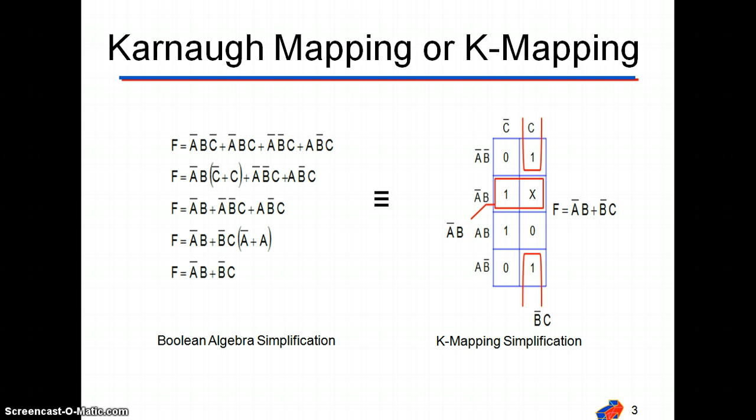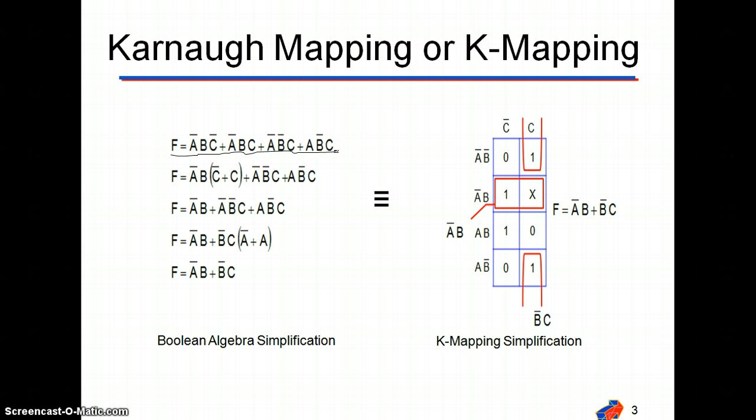In this we see, suppose we find a question over here, the function is provided that is f is equal to a bar b c or a bar b c or a bar b bar c or a b bar c.